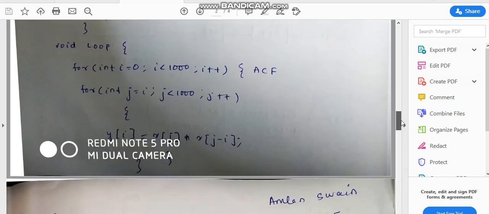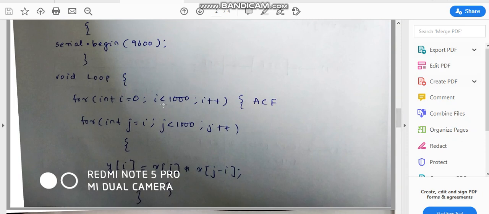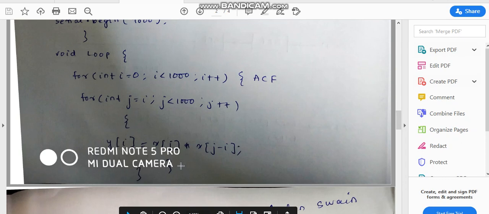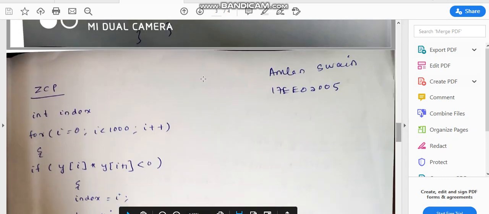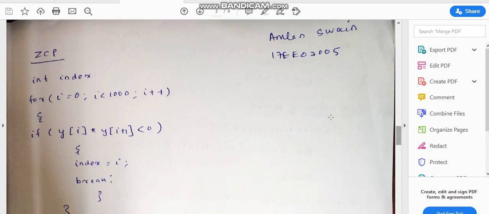Then the algorithm is given by: i equal to 0, it runs till 1000. Then j equal to i, j runs till 1000 and it is incremented. Then we get y of i equal to x of j into x of j minus i. Then we go for the zero crossing point. For that, we again have to take a loop with integer index.